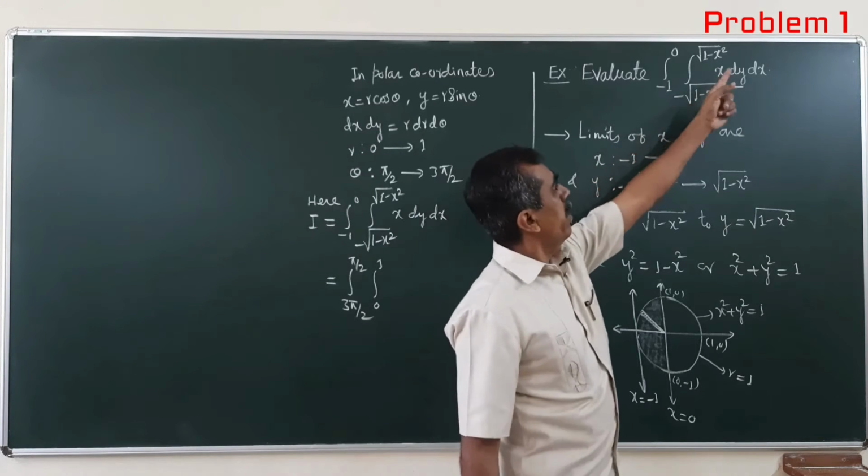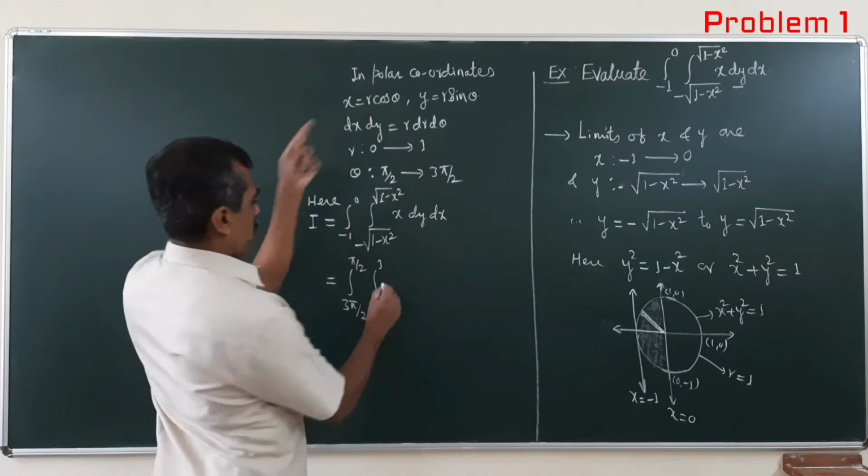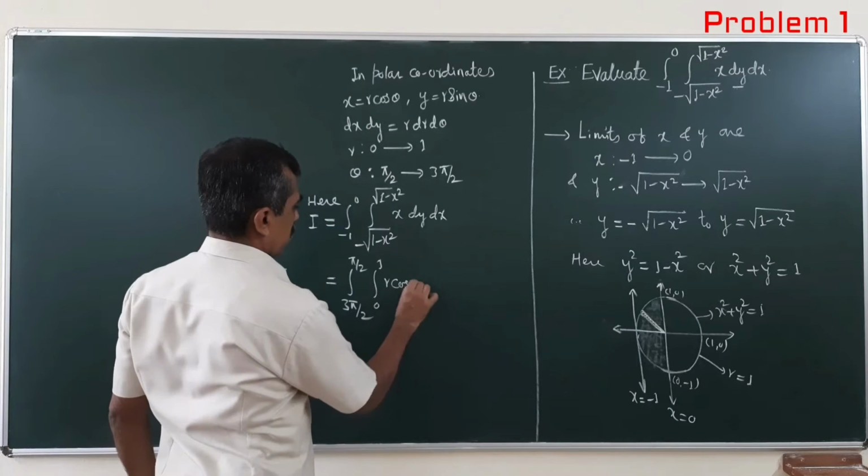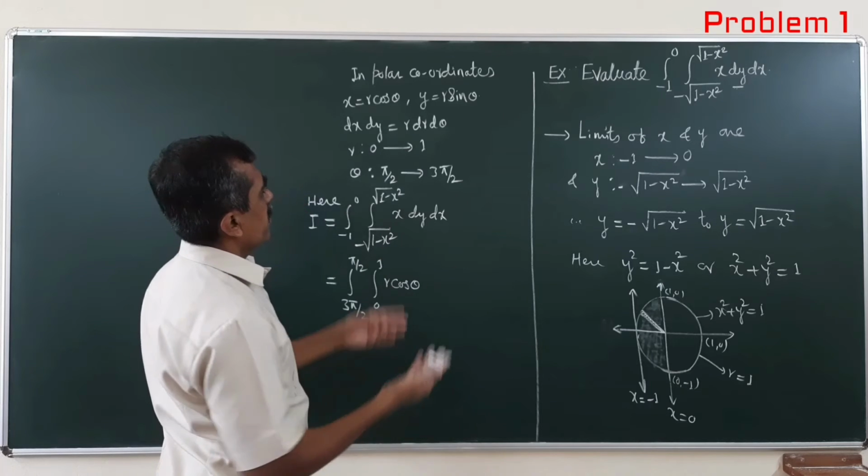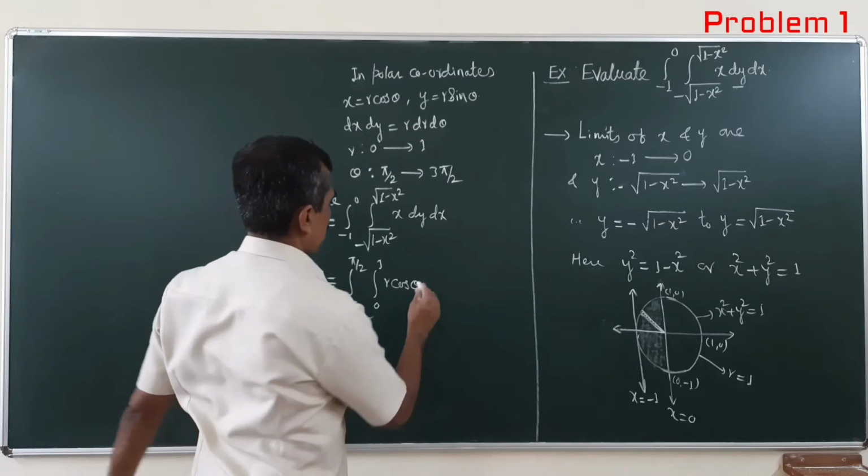Now what is x here? What is x in polar coordinates? r cos theta. And what is now dy dx or dx dy? It is r dr d theta.